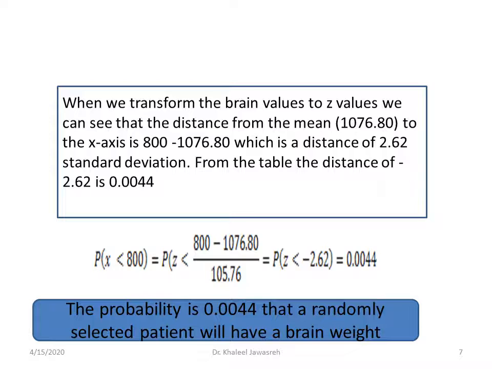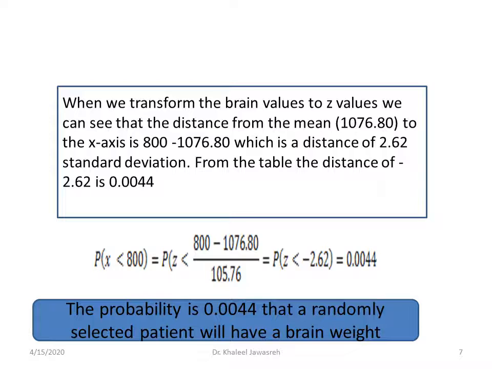As you see here, we transform the prime values to z values by using the previous equation, to see that the distance from the mean, which is the actual mean here, 1076.8, to the x-axis value of 800, is a distance of 2.62 standard deviations. Now, how can we obtain this value, 2.62?